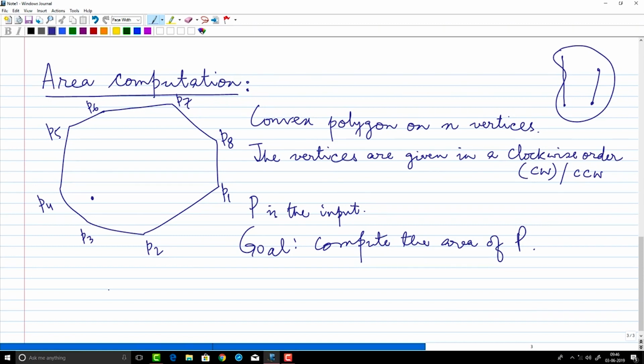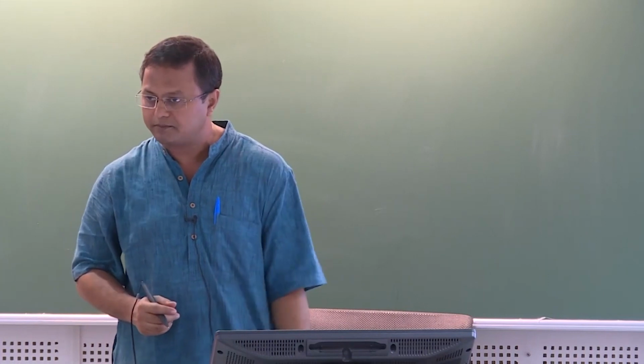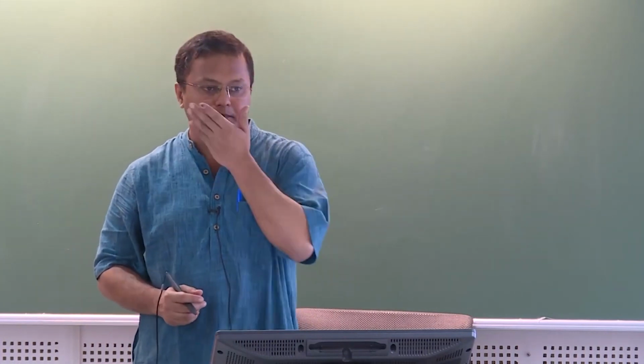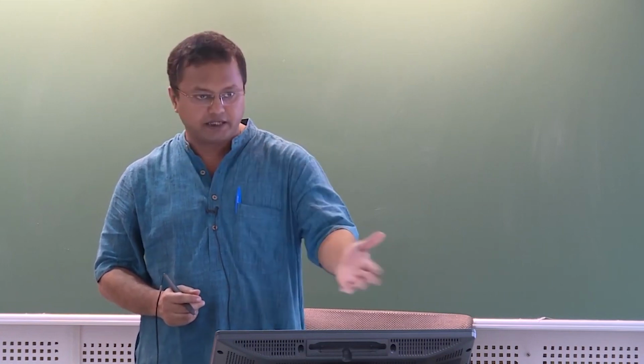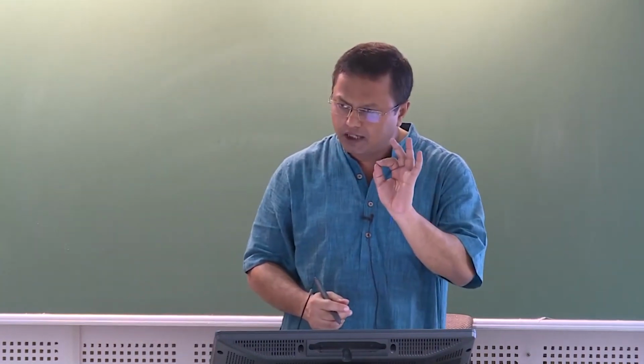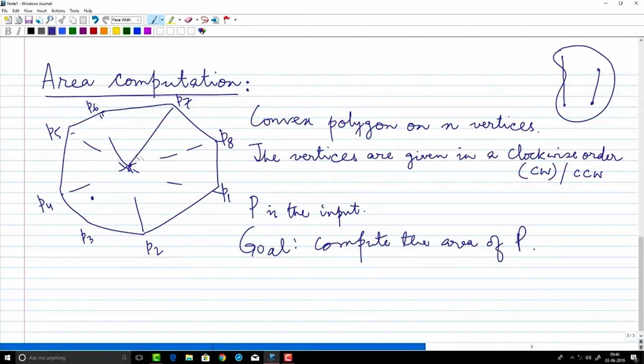Now, your idea was, just get hold of one point and draw all of these triangles, sum of the area, right. So, how many triangles would you have drawn here? N, right, as many as vertices. Okay. We can possibly do a little bit better by doing it this way.